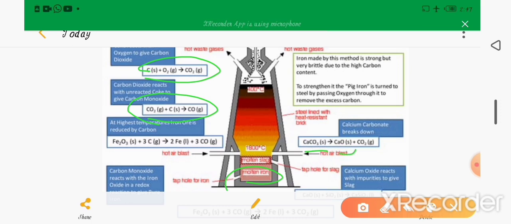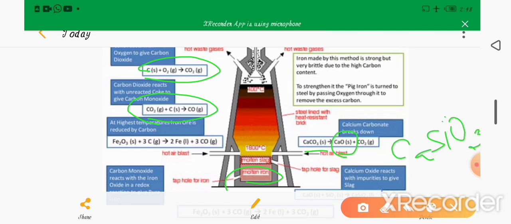Here the calcium oxide is an impurity, so it can be removed by the addition of silicon dioxide. So it forms calcium silicate. Calcium silicate formula is CaSiO3.